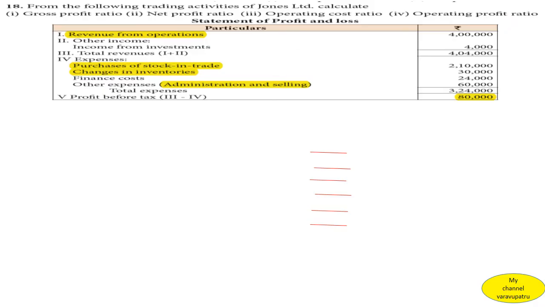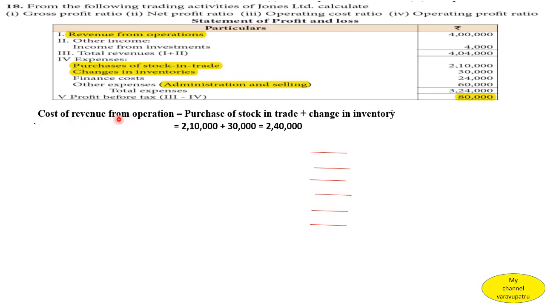Next one. Find the gross profit ratio, net profit ratio, operating profit ratio, and operating cost ratio. Cost of revenue from operation is equal to purchase of stock in trade plus change in inventory. Purchase of stock in trade is 2,10,000, change in inventory 30,000.